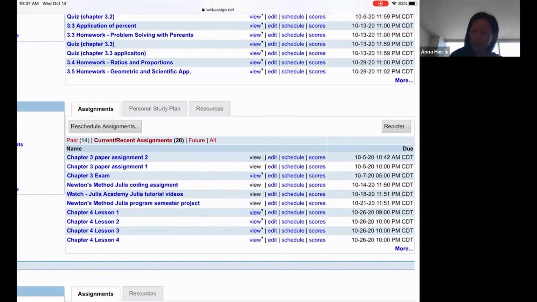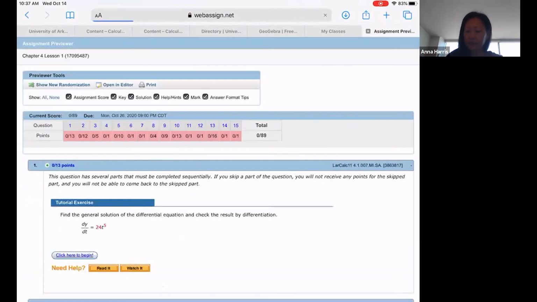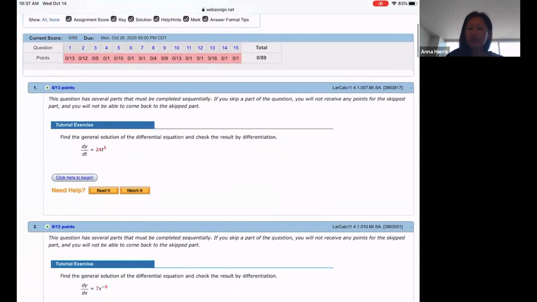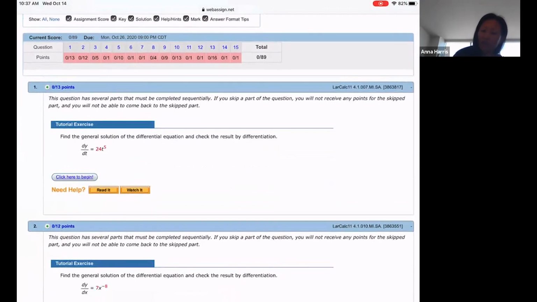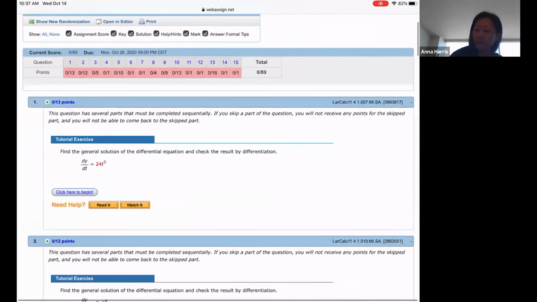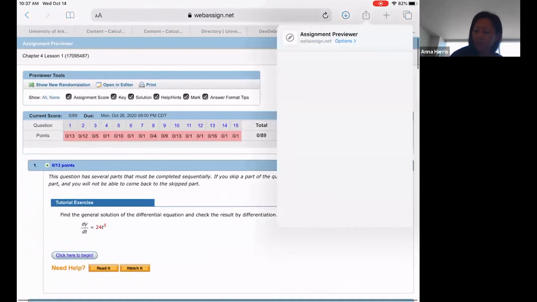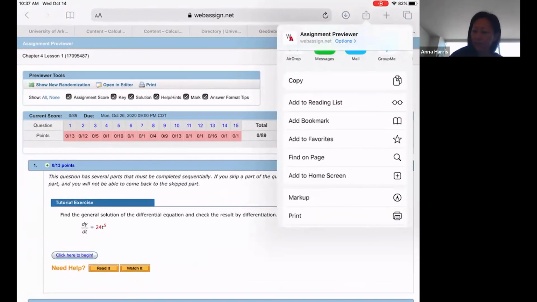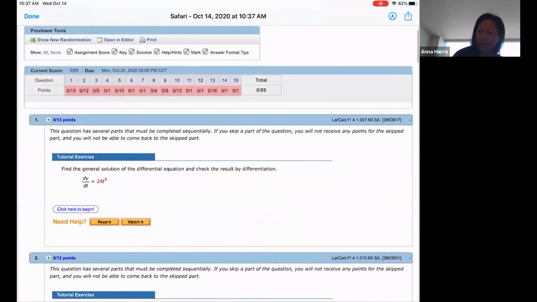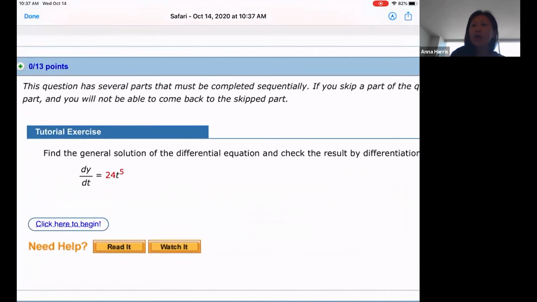All right, so now let's look at the homework problem. Find a general solution to the differential equation and check the result by differentiation. So if they gave you this problem, okay, then you know what to do.